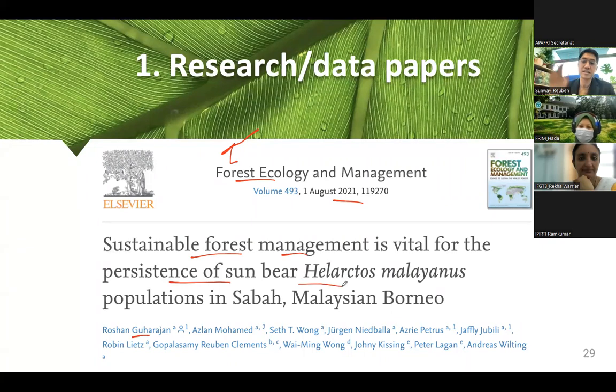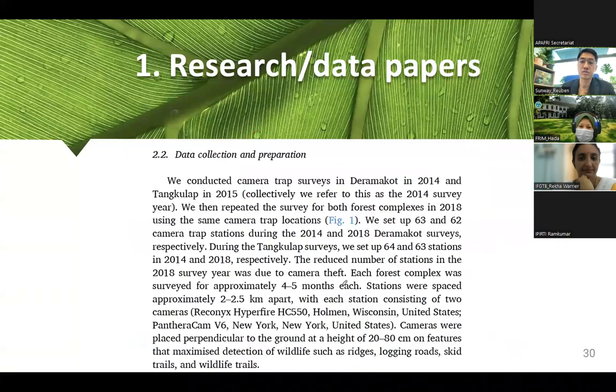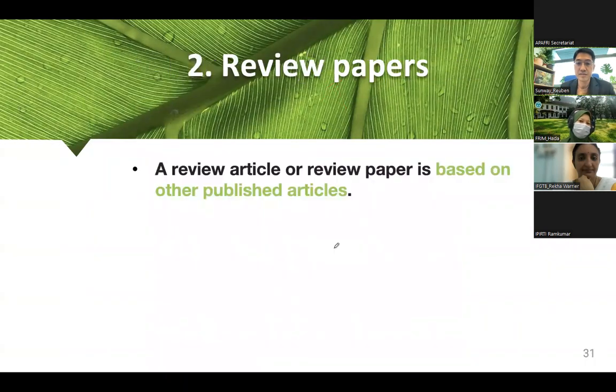If you haven't seen this article, go check it out. But what we show is, again, that data papers involve the collection of data. What we did was put out cameras in the forest to photo capture sun bears, we did analysis using camera traps, and then we published the findings. So that's a basic data paper. I'm sure you're all familiar with that.